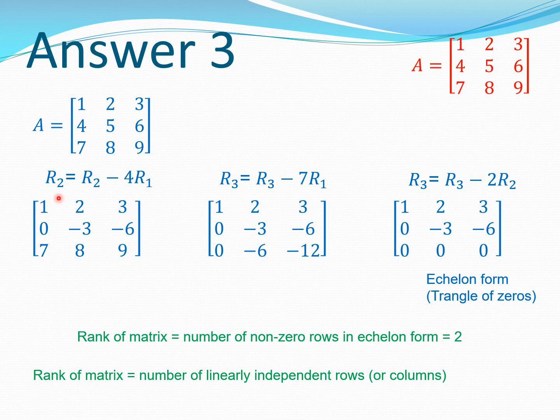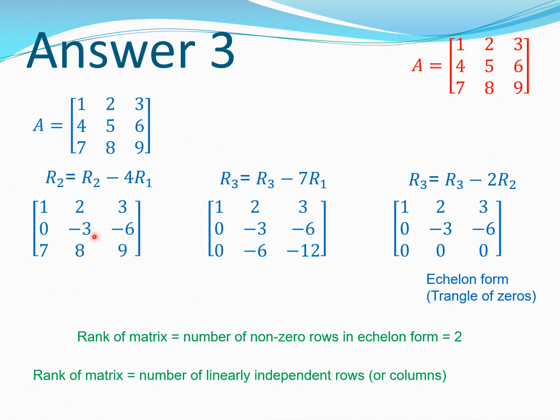So I can see here, if I use the particular relation, R2 is R2 minus 4R1, where R stands for the rows, then I will get a zero term here in the second row. I have selected R2 minus 4R1 because I'm going to get 4 minus 4 into 1, so this term is going to be 0.